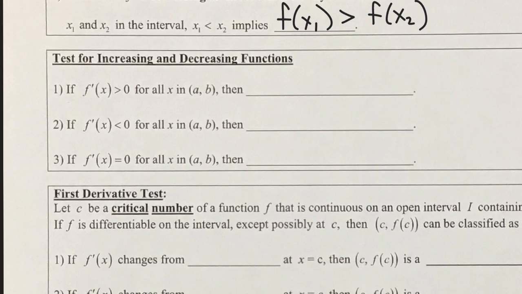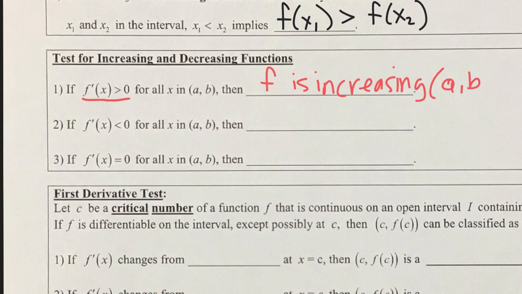So here's our calculus test for increasing and decreasing. If our first derivative is positive, right, it could be 9 or 47 or 0.136, but as long as your first derivative is positive, then your function is increasing on that interval from a to b.